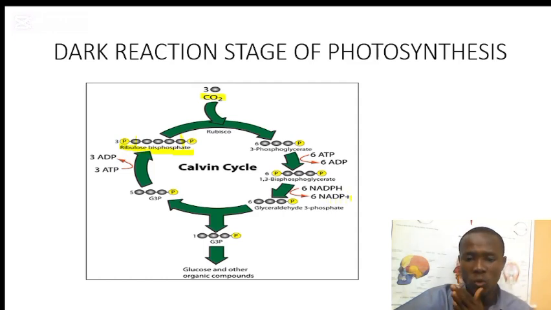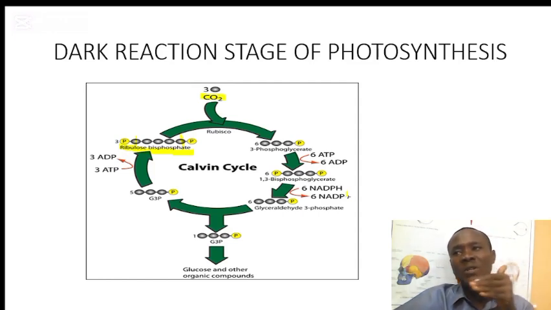NADP plus. Why do I say oxidized? Because in reduction we are adding hydrogen to a compound or molecule. But if you are removing hydrogen from a compound, we call that oxidation. If you are adding hydrogen, it is called reduction.